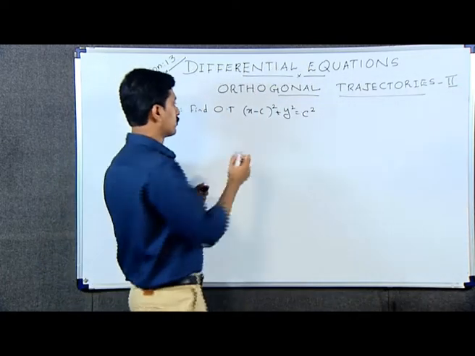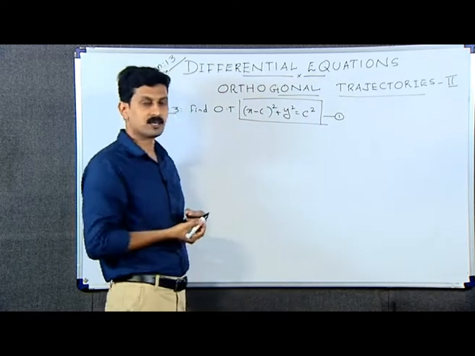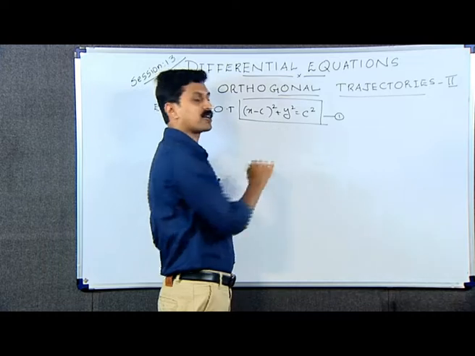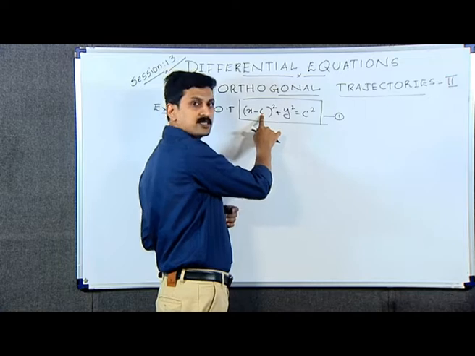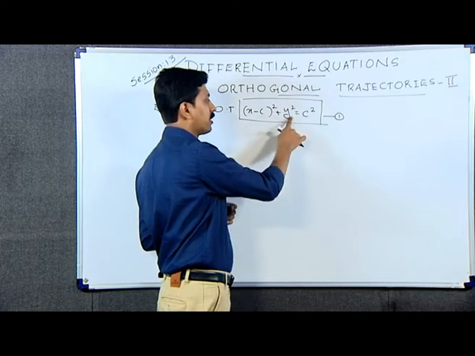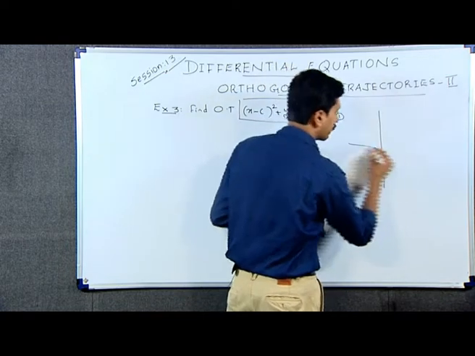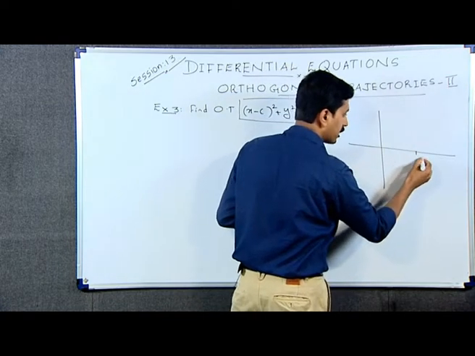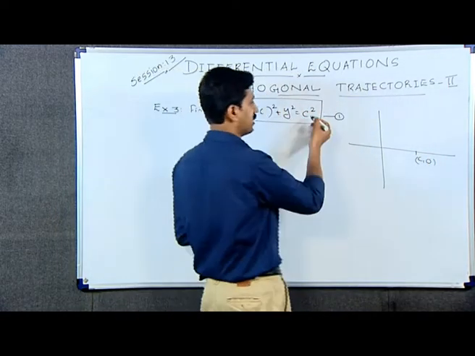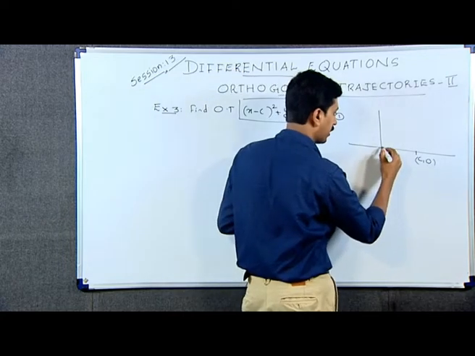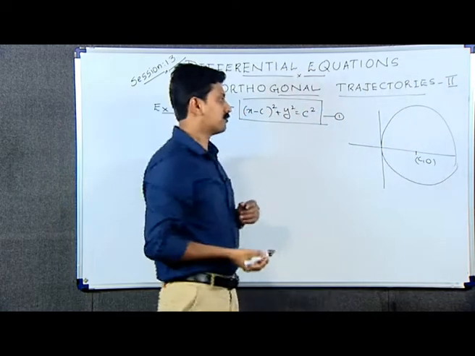What about the curve (x minus c) whole square plus y square equal to c square? These are circles with center at (c, 0) and radius c.